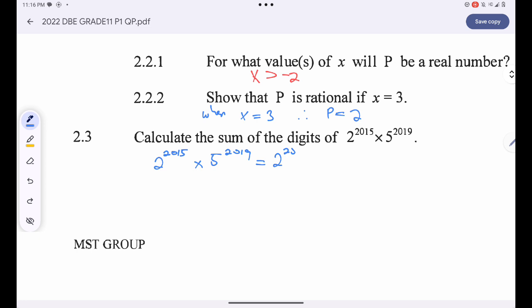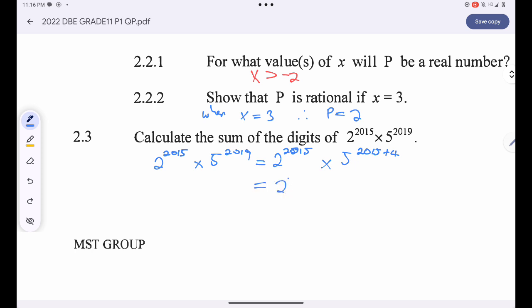So 2 to the power 2015 multiplied by 5 to the power 2015 plus 4. We must always try to change our largest exponent to look like the smallest exponent.